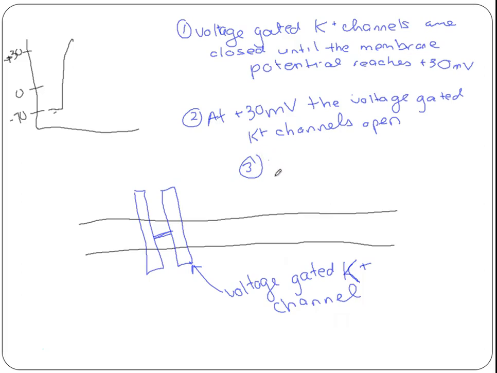Can you guess which way the potassium is going to go? Remember, it was really highly concentrated inside the cell, so if we give it a way out, it's going to want to leave, right? So potassium floods out of the cell.